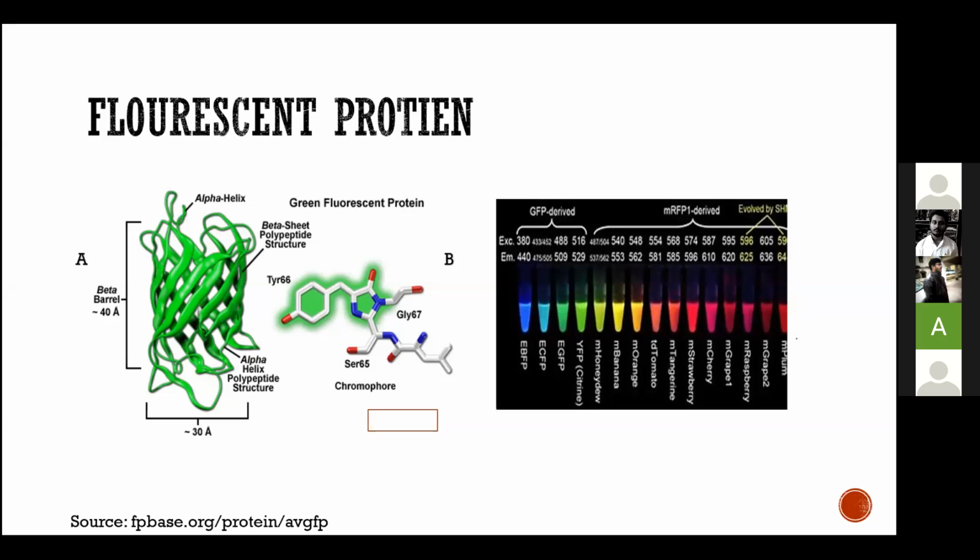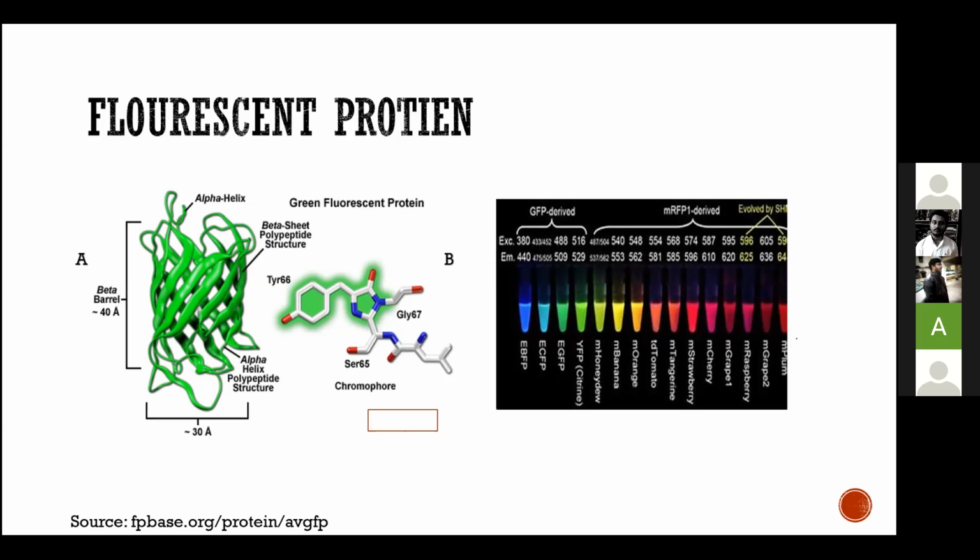You can see the beta barrel structure, and to the right of it is the chromophore, which is the fluorescent part of the green fluorescent protein. The beta barrel contains this chromophore inside it. So this was all about the basic structure of green fluorescent protein.